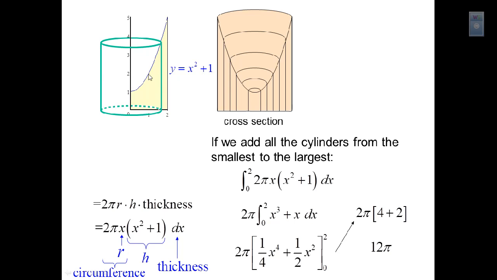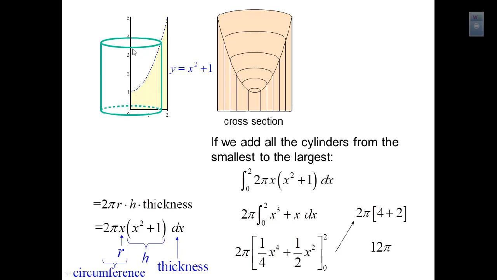It was perpendicular to our axis of rotation. That's a way to determine which one you want to do: what axis of rotation you have, and what's going to be the best way to slice this thing, with a vertical slice or a horizontal slice. If you know that your axis is vertical, but your slice is going to be horizontal for the best way, you're going to end up with a disc or washer method.